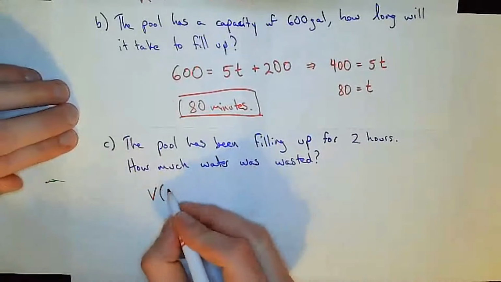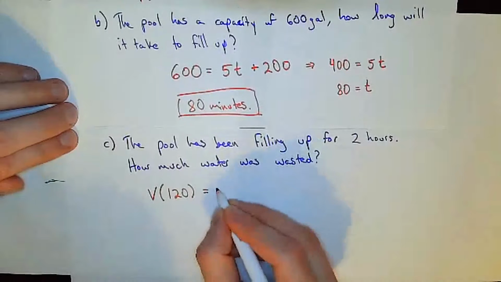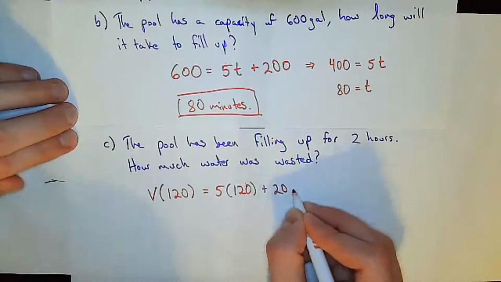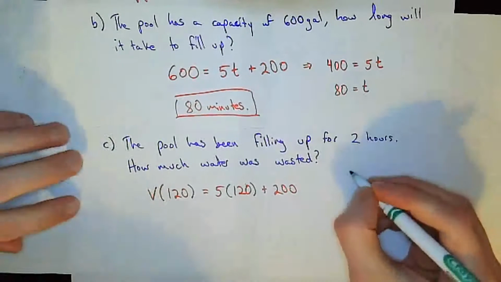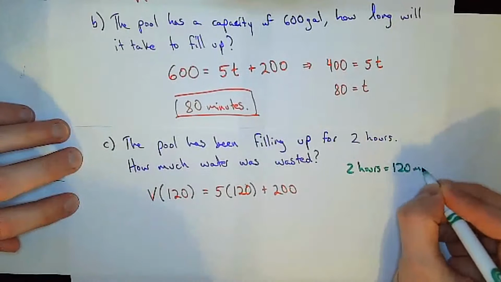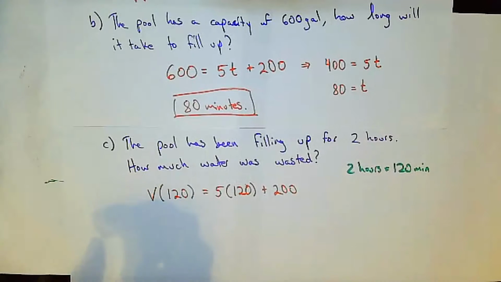So V of 120 for 2 hours is equal to 5 times 120 plus 200. You have to make a note here that 2 hours equals 120 minutes. That's why I'm plugging in 120 into my function.